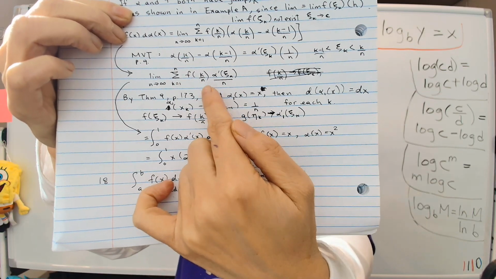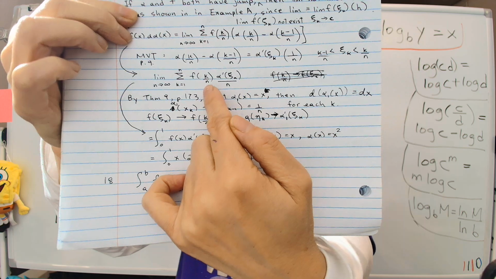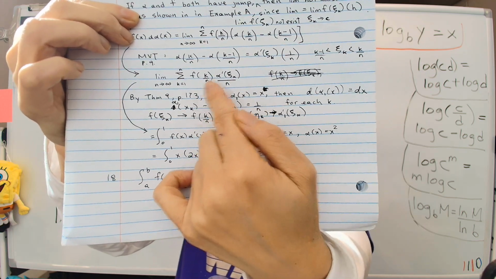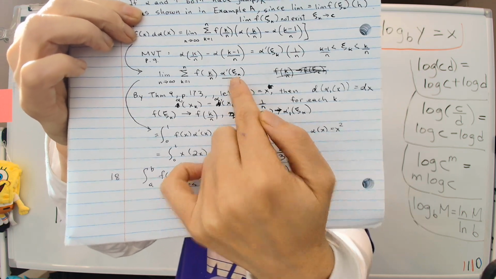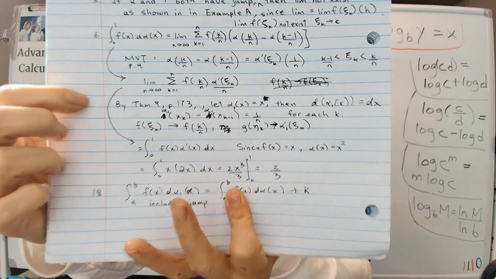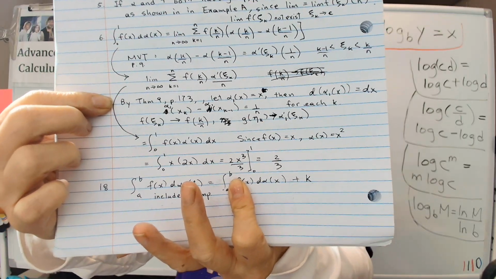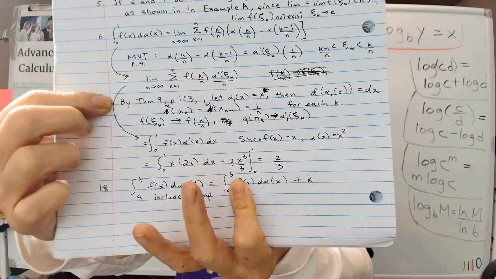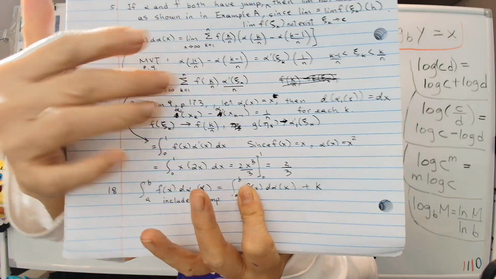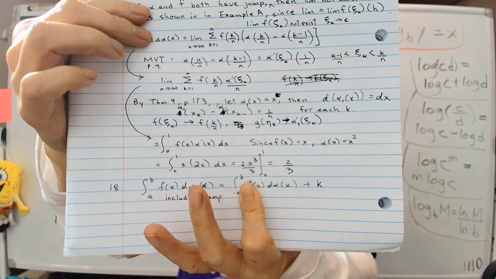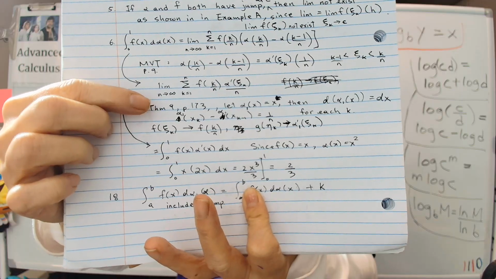The first function has a thing in here that we have to choose, and then there's a different value in a separate function. That's where theorem 9 on page 173 comes in handy, because that theorem says that if you have two functions in there, everything still works, and the integral still exists the same way.